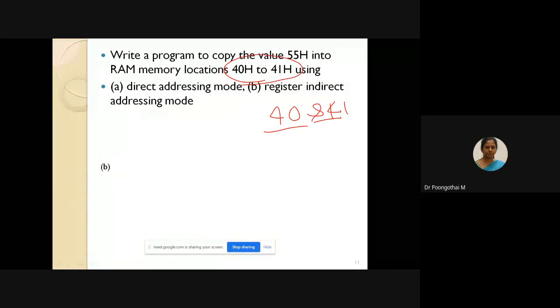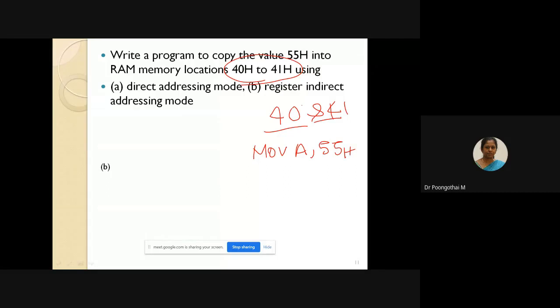So first you have to move this immediate value into the accumulator. Is that clear? Only through the accumulator can the data transfer be possible. We can write the data into the corresponding memory location through the accumulator only. So for that, we are moving that value into the accumulator.